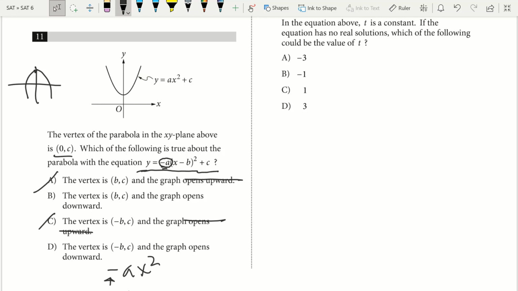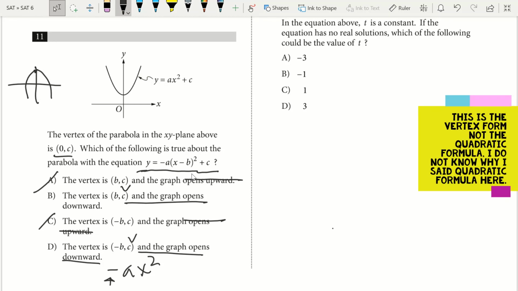Okay, now the only part left is the beginning of B and D. We see that they each have C as their y coordinate for the vertex, so we need to determine if the x coordinate of our vertex is B or negative B. So our quadratic equation is a times (x minus h) squared plus k, where our vertex is (h, k).